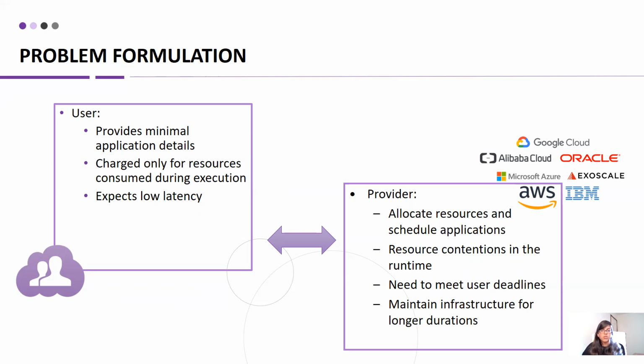Also, under this model, the user gets charged only for the resources consumed during function executions. Although under a practical scenario, a commercial serverless provider would normally maintain its resources such as VM pools for longer durations. This naturally raises the need for mechanisms to be in place for the provider to attain high resource efficiency while scheduling functions.